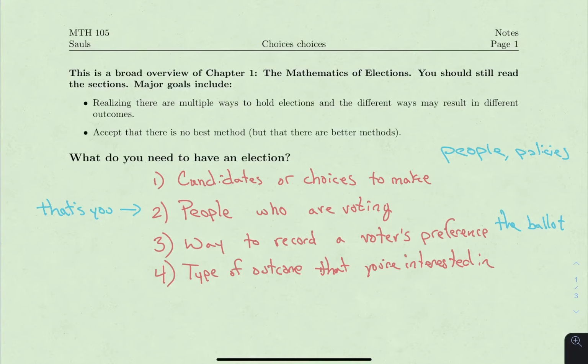This is like, do you want to just select one winner, or rank the outcomes, rank the candidates or choices?